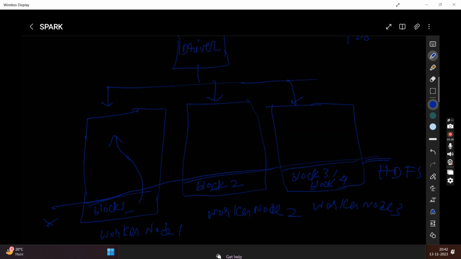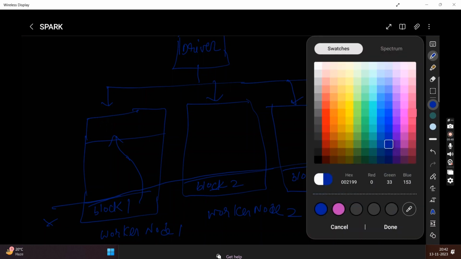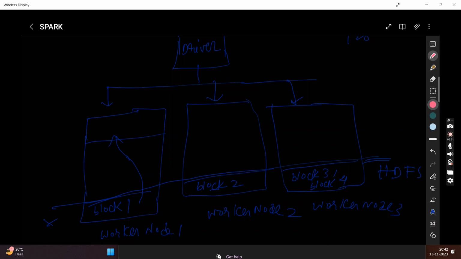So this block 1 will be partition 1, partition 2, partition 3, 4.